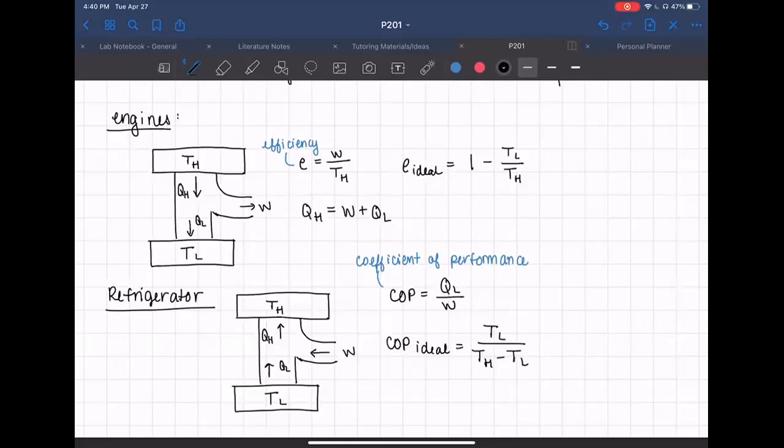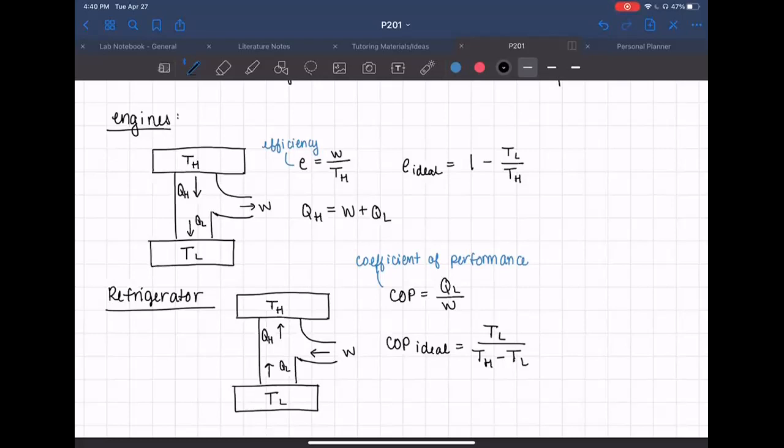A higher temperature, TH, puts some heat into the system with that QH, and then some of that heat going in is going to go to doing the work that you want the engine to do, and some of it is just going to be cooled down and is kind of like the steam that gets released. I think we all have felt our hot car engines or a hot engine after it's been running.